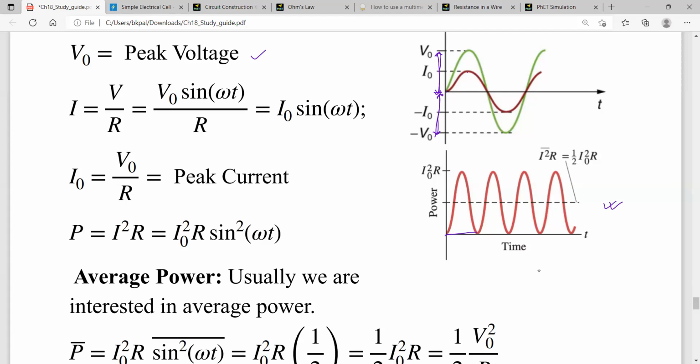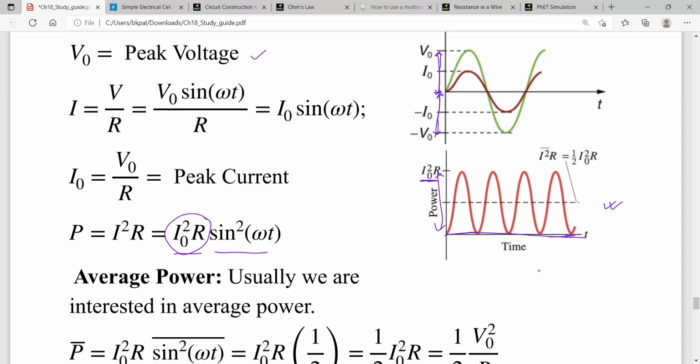It's all above the zero line, and that makes sense because it is a square, and square means it's above zero. Because this is I0 square R sine square omega t, it looks like this, and the maximum peak value is I0 square R.